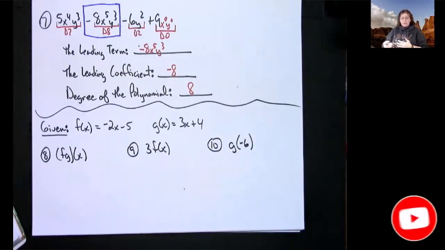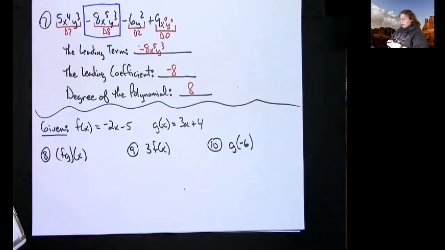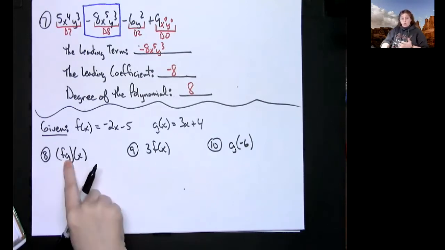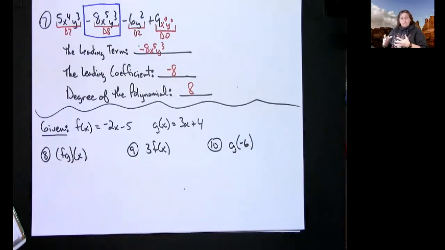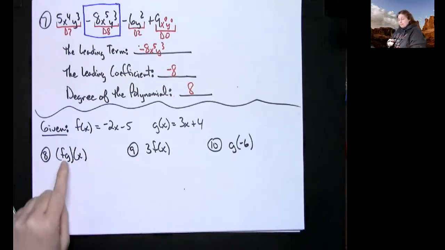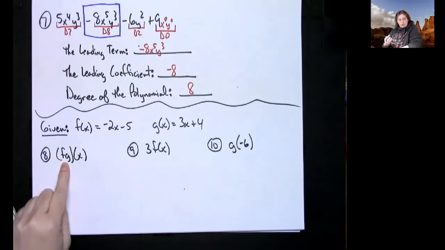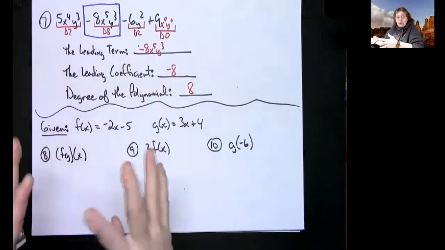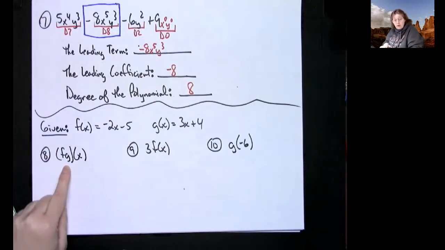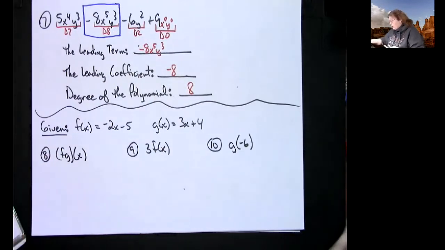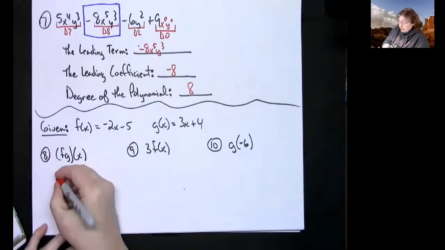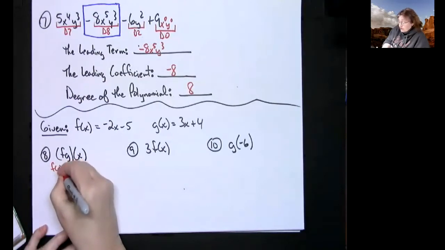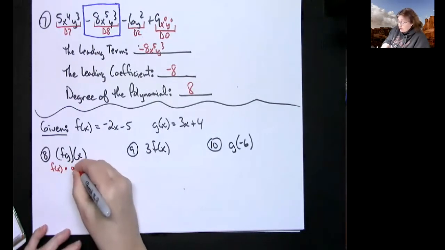I don't remember exactly what lesson we looked at function notation in, but this is just a few samples of what function notation can be. When you have variables squished next to each other, it always means multiply. So the same thing here, this means to multiply, except what they're telling you to multiply is the f function times the g function.